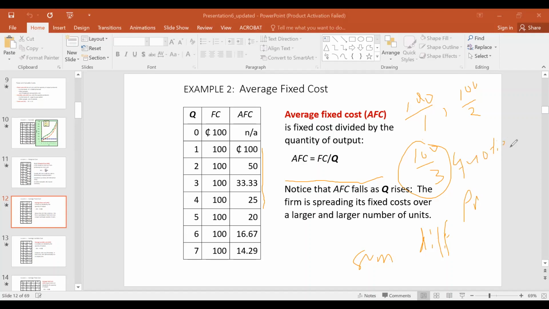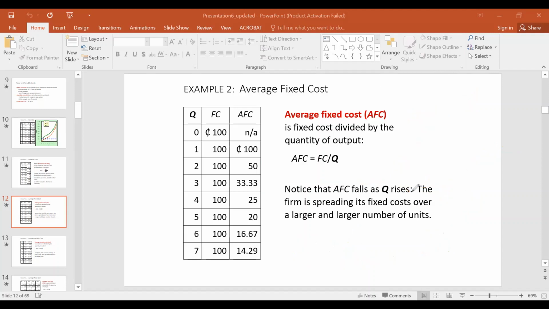If the denominator goes up, the entire quotient declines. So you are dividing a fixed cost, a fixed number, and just increasing the denominator as you produce more. For that matter, average fixed cost falls as Q rises. As you produce more, per unit fixed cost declines, it falls.